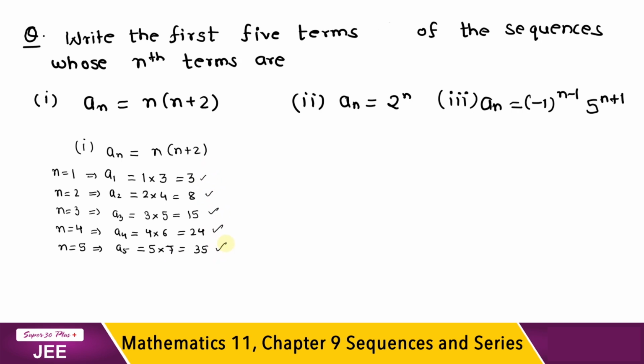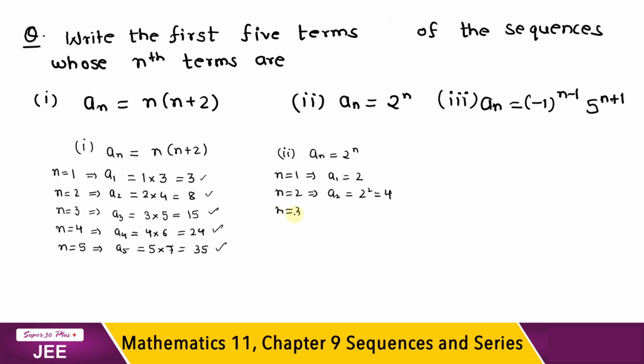Alright. Now second part. For second part, the general term has been given as an equals to 2 raised to the power n. Now again we are going to substitute the values of n in order to get the first 5 terms. So for the first term, n is equal to 1. So we get a1 equals to 2. When n is equal to 2, we get second term as 2 square, which is 4.